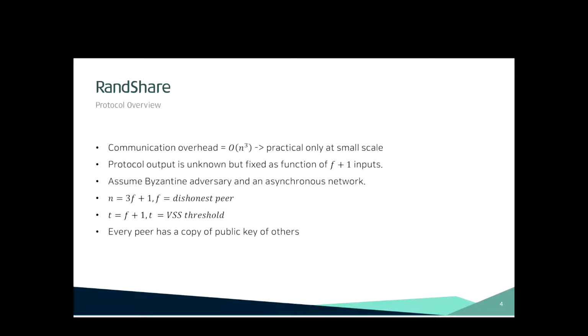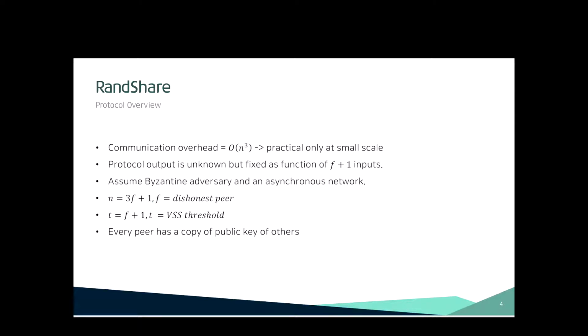Now let's take a look at RandShare. As mentioned earlier, this has a larger communication overhead, so it is only available for small groups. The protocol output is unknown but fixed as F+1 inputs. We assume a Byzantine adversary and an asynchronous network, which means messages will eventually be delivered.